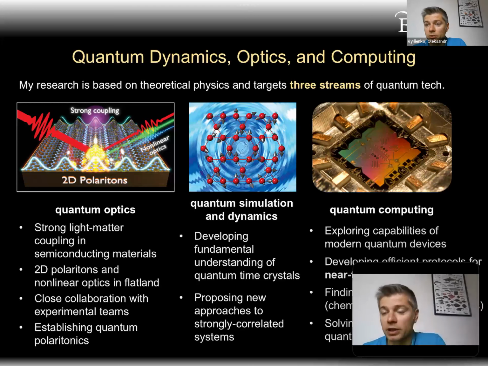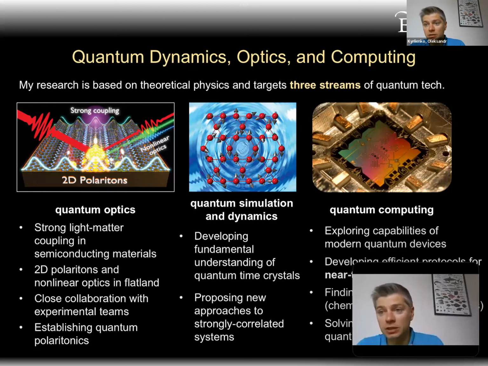And finally, the topic I will be discussing today is modern quantum computing. The goal here is to establish the tools: how can we apply near-term quantum computers to solve industrially relevant problems?